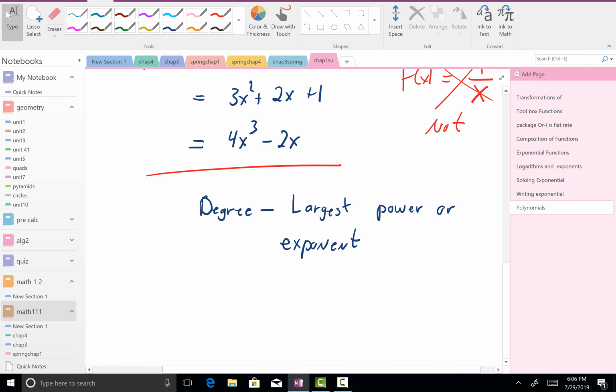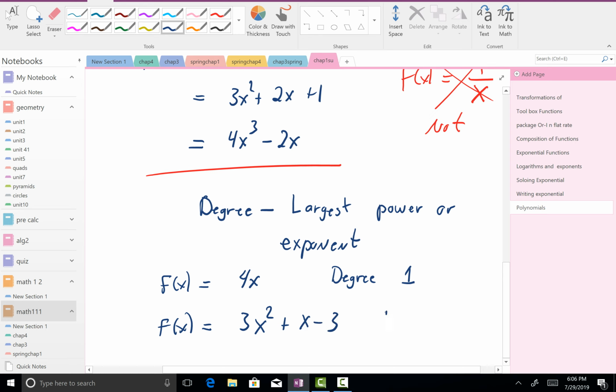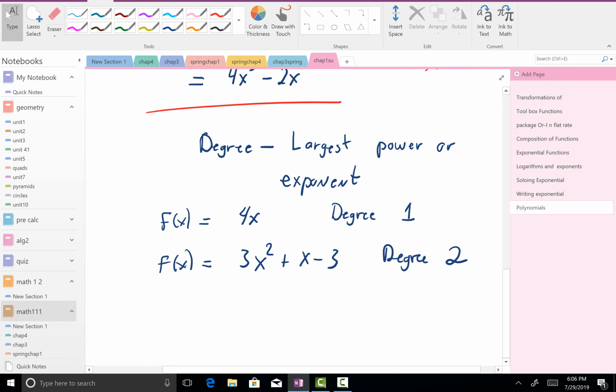So if I have one that looks like this, okay, we say the degree of that is just 1, right? Because it's just 4x, x to the first, all right? If we introduce this, then that has a degree of 2, because the highest power is 2, 3x squared.